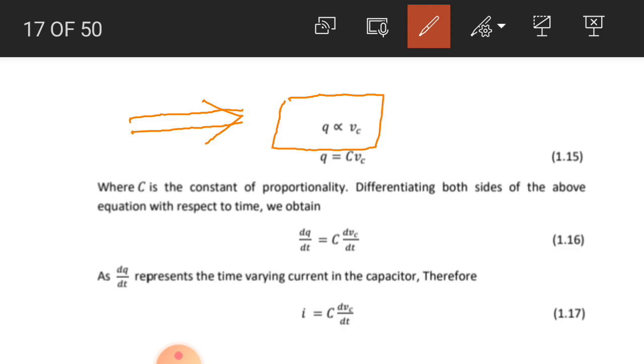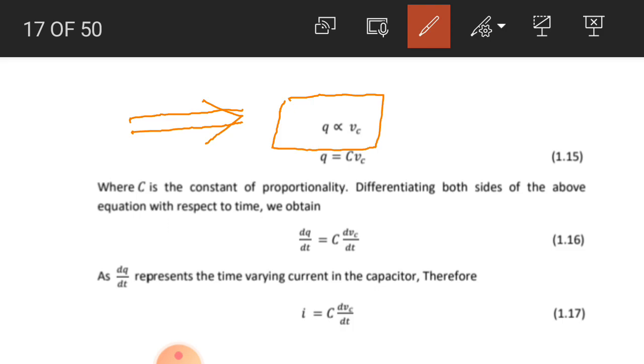If you increase the voltage across the capacitor, the charge on the plates of the capacitor will increase linearly. So we can say that there is a linear relationship between the voltage across the capacitor and the charge on the plates of the capacitor.